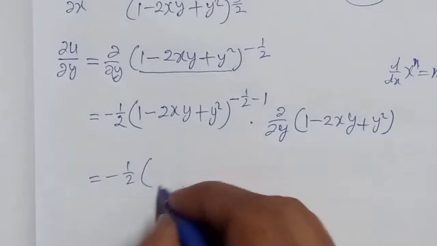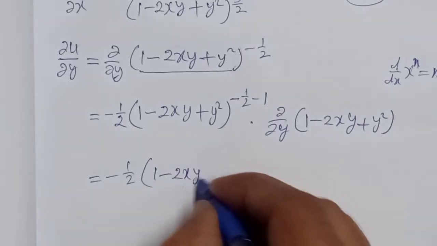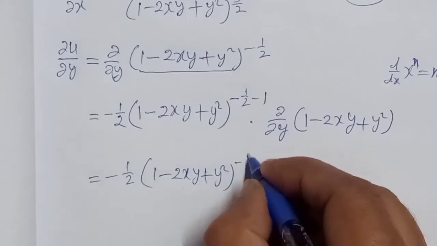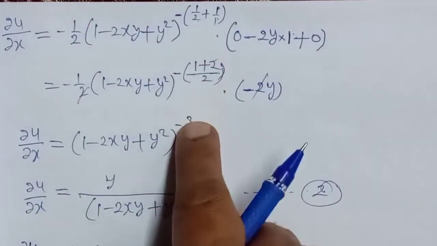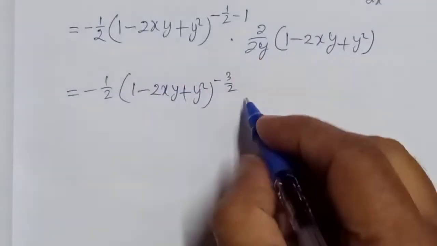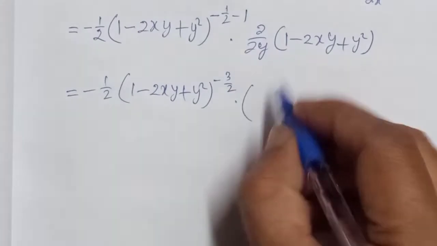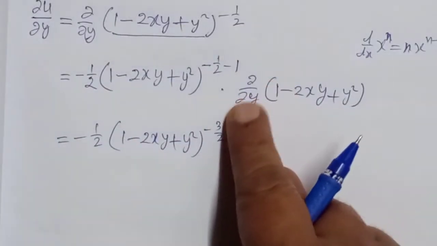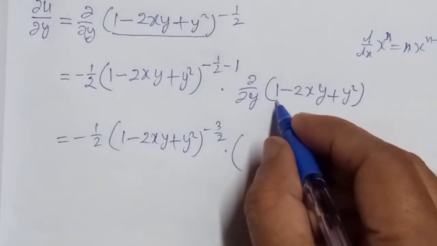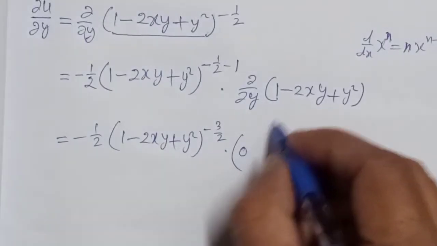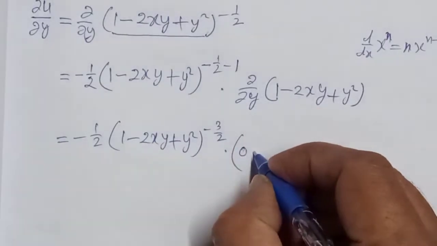Minus 1 by 2 (1 minus 2xy plus y square). This becomes minus 3 by 2, as I have already solved here. You can easily solve it. Differentiate it with respect to y partially. 1 is constant, so differentiation of 1 with respect to y is 0.